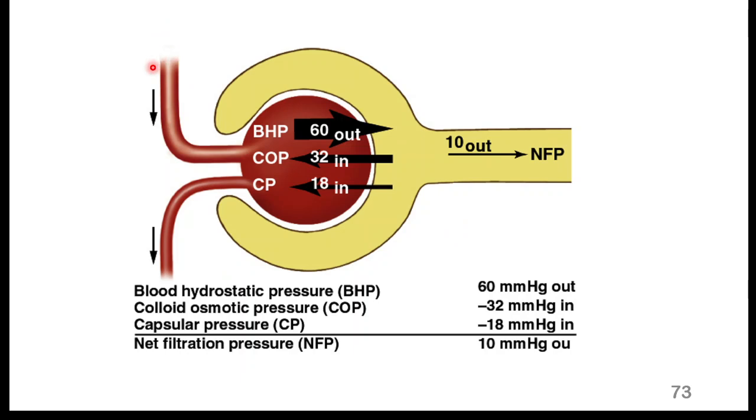Now, this here is the afferent arteriole bringing blood into the glomerulus, and this is the efferent arteriole taking blood out of it. All right. So within the glomerulus, the glomerular capillary hydrostatic pressure, that's the blood hydrostatic pressure, is a force that tends to favor filtration, because the higher the blood pressure coming in from the afferent arteriole, the higher will be the blood hydrostatic pressure.